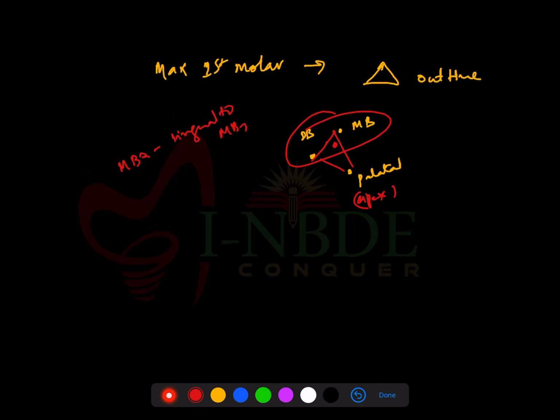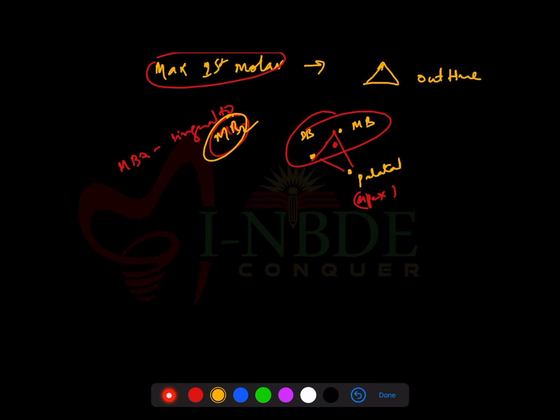Okay, the next important thing is the most common cause for failure. The tooth with the maximum failure rate is the maxillary first molar, because with the naked eye it's very difficult to identify this MB2. So that is the reason why.